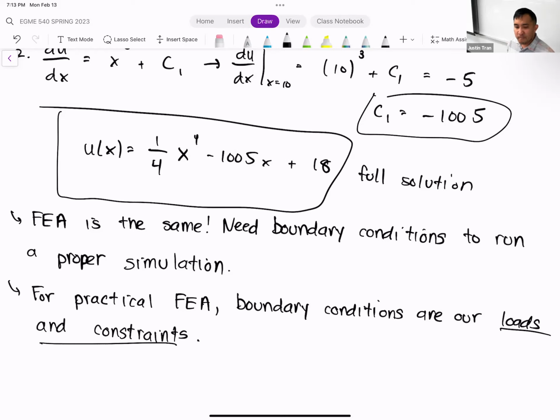Is it possible, once we get our result using that first set of boundary conditions, to get the same results using that same simulation but a different set of boundary conditions? It's possible. There's not a unique relationship between a particular set of boundary conditions and a particular result. And so you can get the same result using a different combination of boundary conditions. It's just how you apply them.